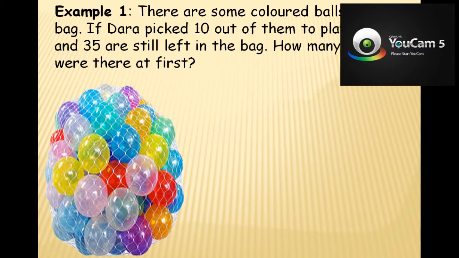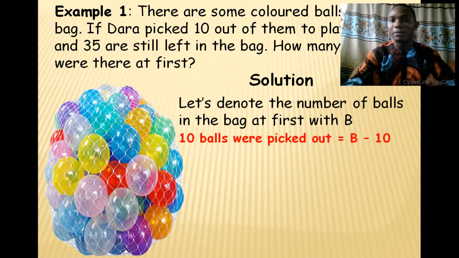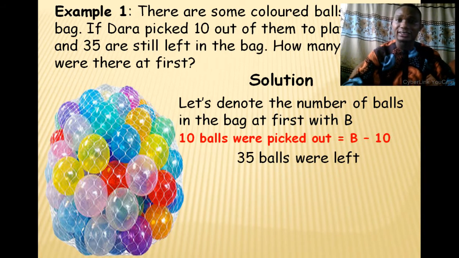Okay, to do this, let's see our solution. Let us denote the number of balls in the bag at first with B, because we do not know the number of balls in the bag. Then 10 balls were picked out, so we have B minus 10, and 35 balls were left. Now let's write it as an equation.